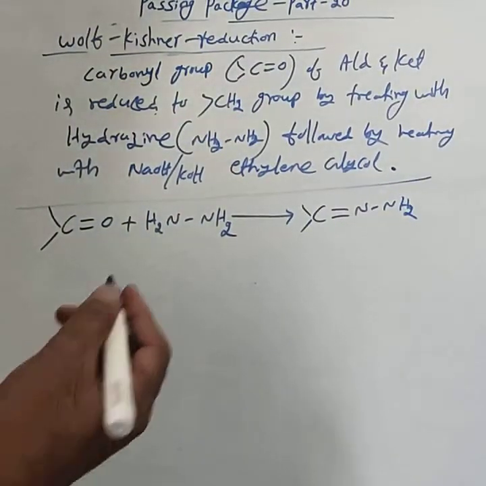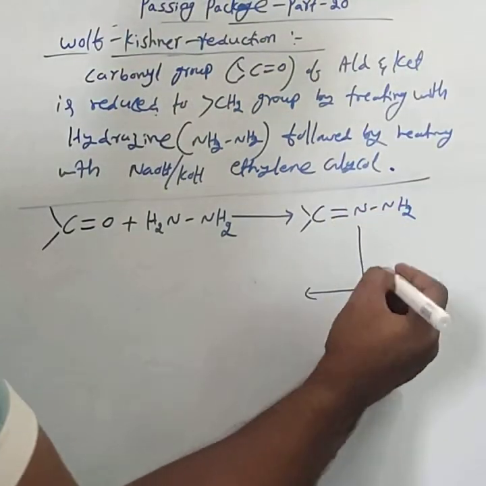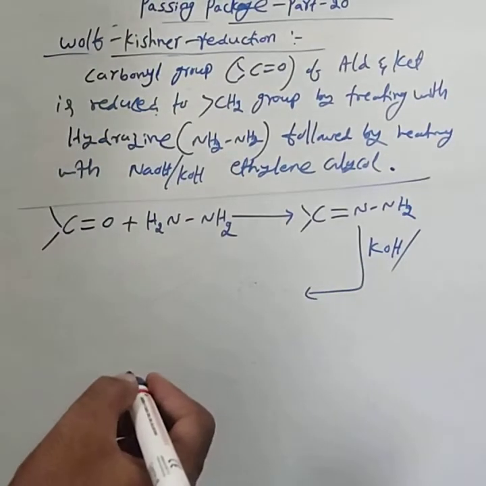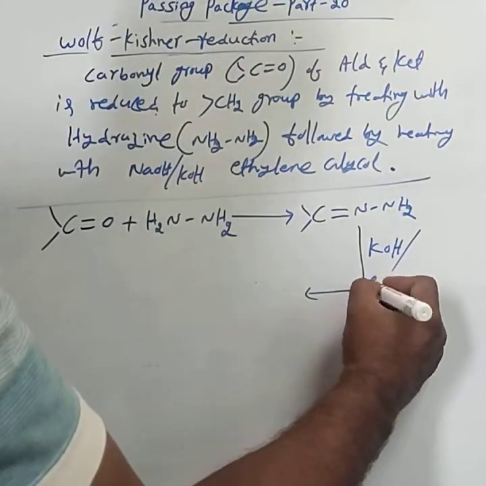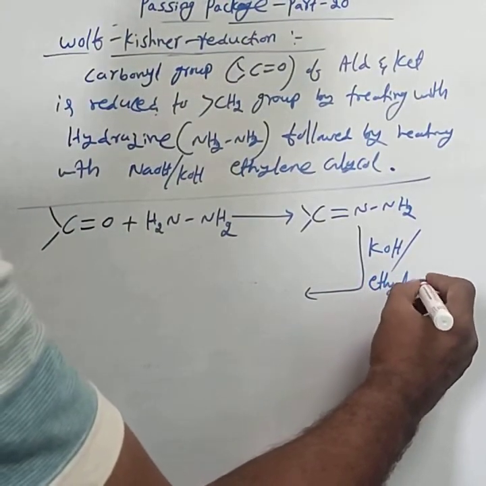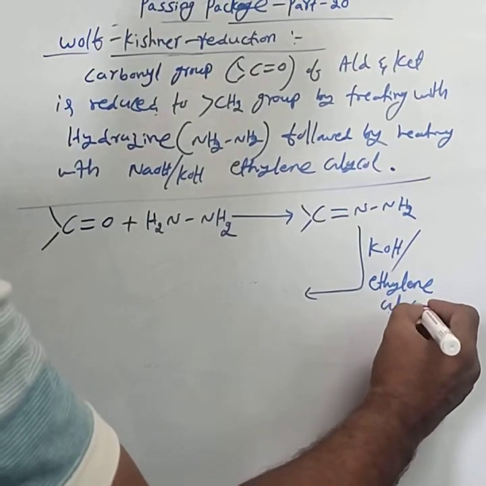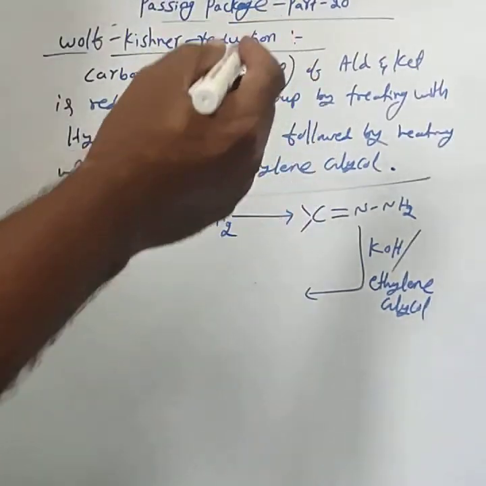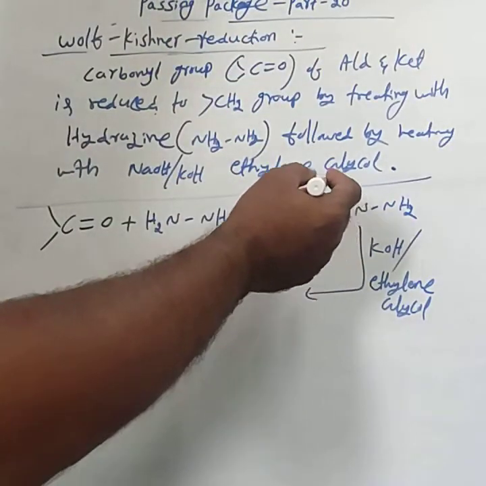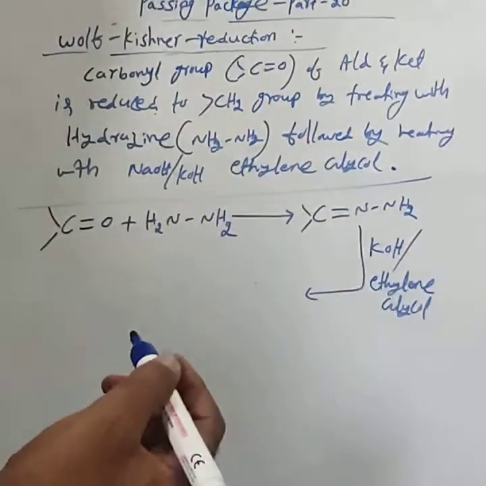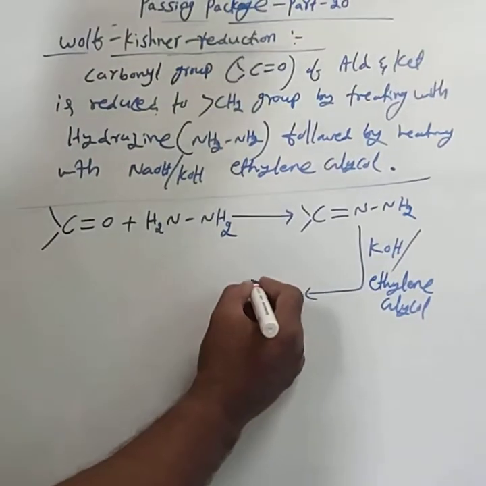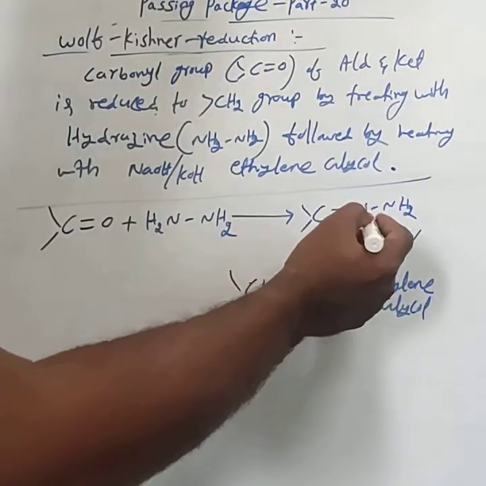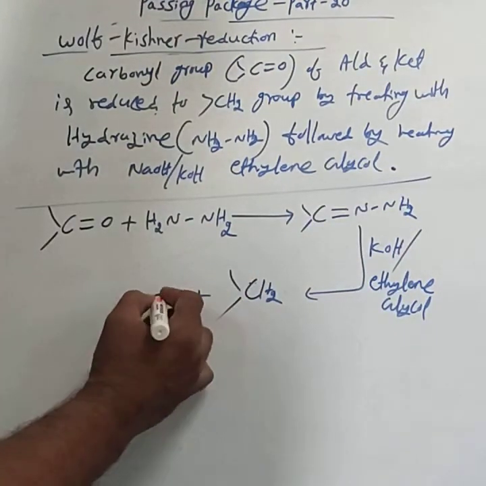Hydrazone is formed. This hydrazone is then treated with NaOH or KOH, alkali, in the presence of a high boiling solvent like ethylene glycol, and then we get the hydrocarbon, CH2. The nitrogen gets removed.